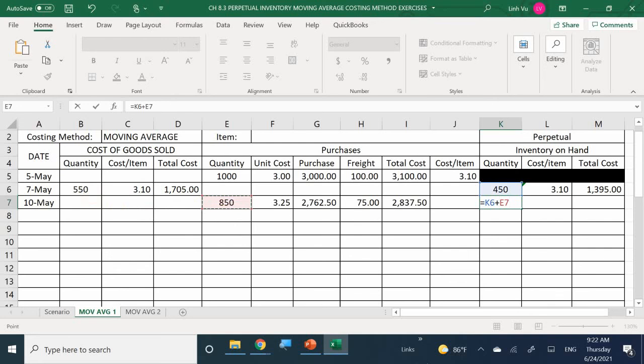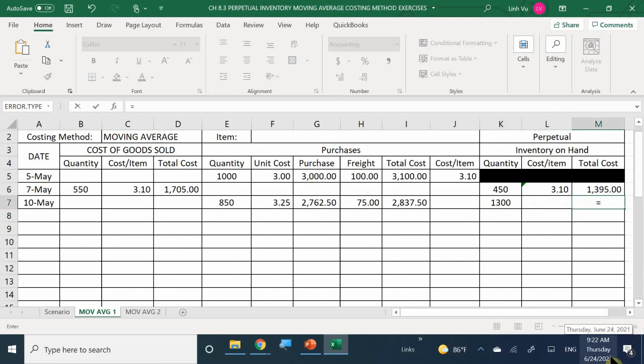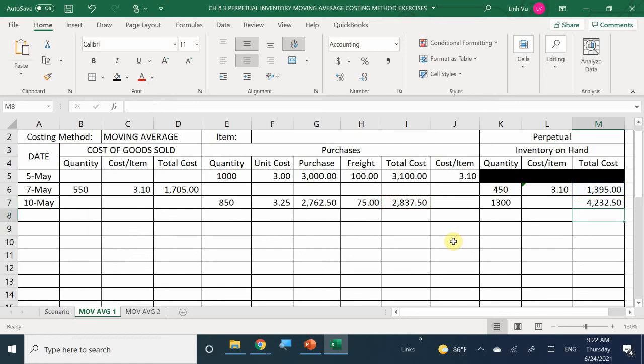And how much quantity do I have? 1,300. We have 1,300, right? What's my total cost? If I add $13.95 plus my $2,837.50, $4,232.50. $4,232.50, right? So here I have a new quantity and I have a new total cost.